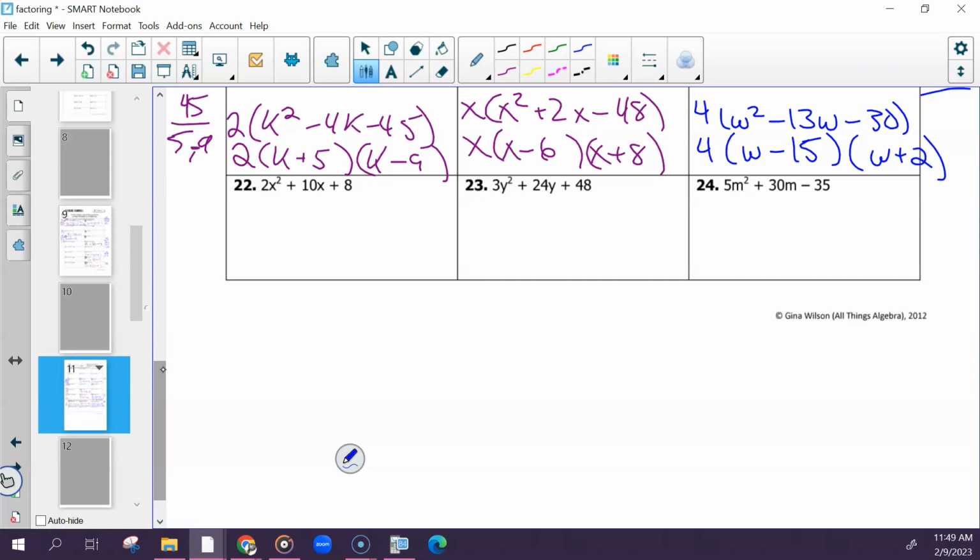But if there's not a number, there might just be another variable. So does 24 have a GCF, and if so, what is it? We're just looking for what do those three have in common.